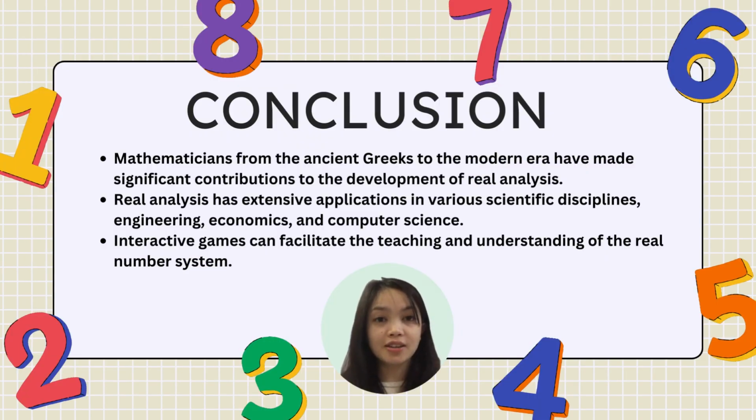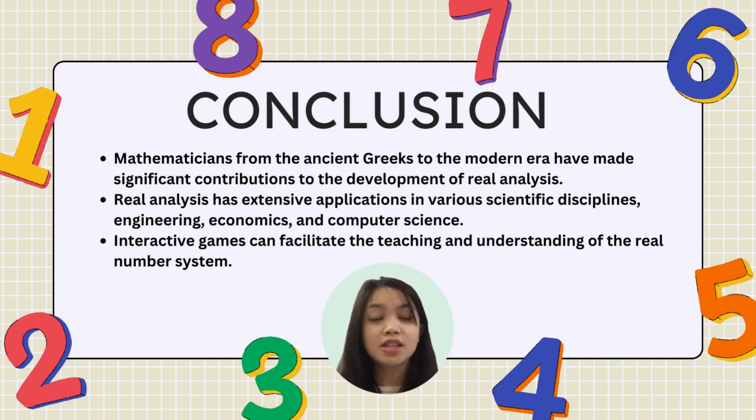In conclusion, throughout this rich history, mathematicians from the ancient Greeks to the modern era have made significant contributions to the development of real analysis. The applications of real analysis are extensive, with its principles and techniques being employed in various scientific disciplines, engineering, economics, and computer science.